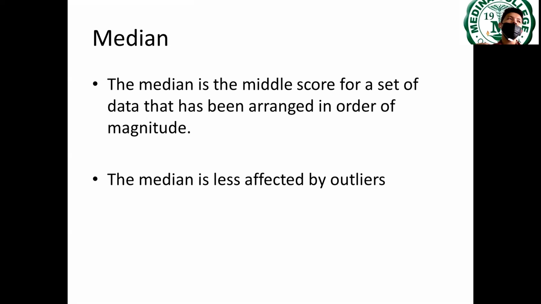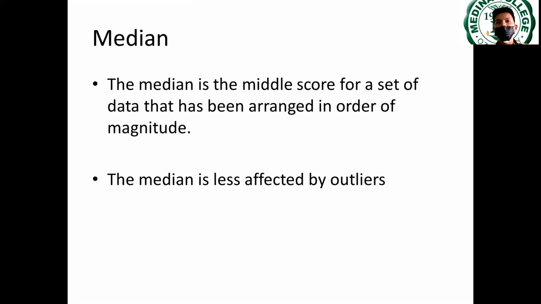If you are calculating the median, you need to arrange the data set in ascending order. So 1 comes first, 7 comes second, and 9 comes third. Take note of that one.